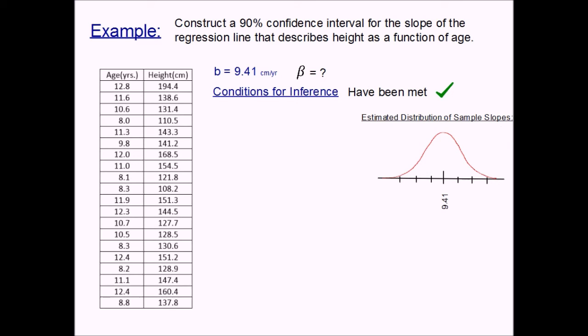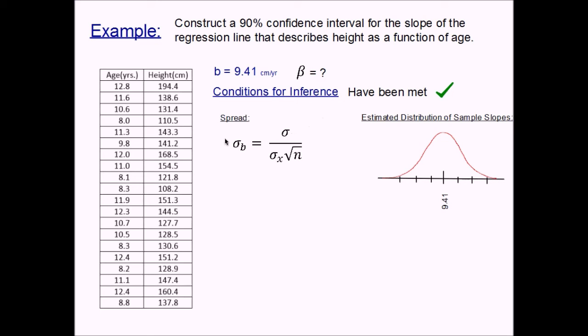And so the center should be our sample, just like in one variable, 9.41, that's the same. Spread, on the other hand, this is where it's a little bit more complicated than one variable. If you look at the textbook, the equation for the spread for the sampling slopes, or sample slopes, is this.